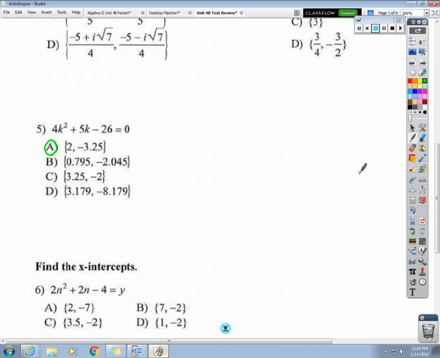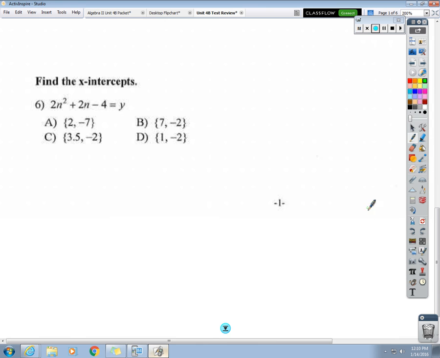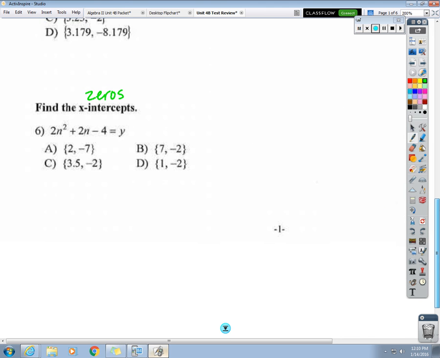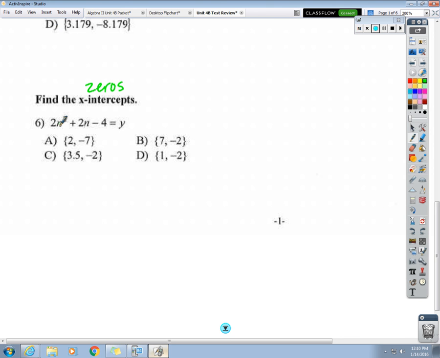Okay, number 6. Find the x-intercepts. X-intercept is just another word for zeros. So what would I do? I would graph it. Instead of n, I'm going to put x.